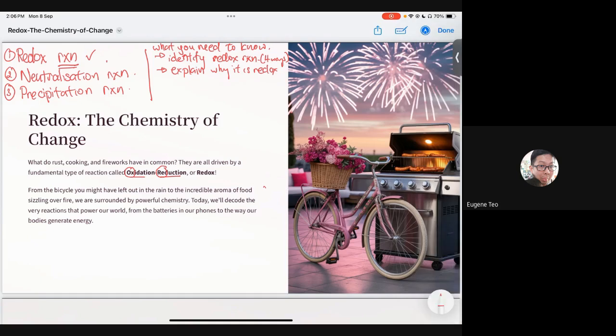So if you can do number one and number two, then you're almost 80% done in this chapter already. The last one is to be able to identify and explain oxidizing agent and reducing agent.